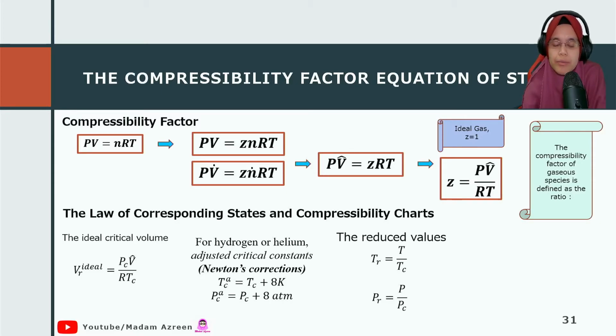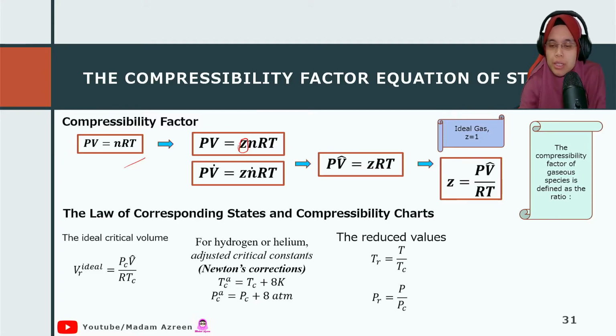Previously we had PV equal to nRT, but here we have PV and another term, Z. Okay, this Z is equal to 1 for an ideal gas, but for a non-ideal gas at a specific temperature and pressure, the gas does not behave as an ideal gas, it will behave as a real gas.